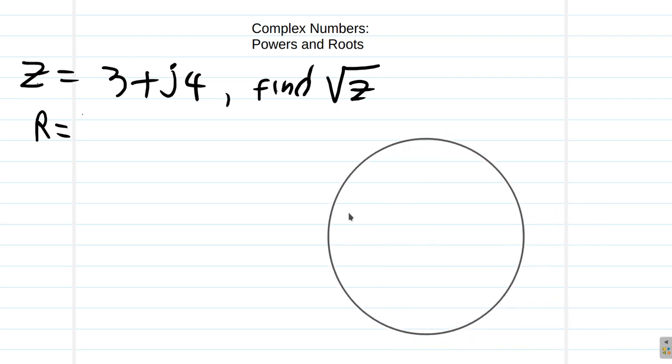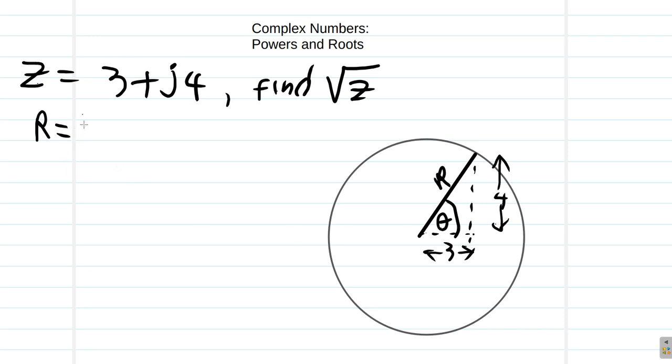Good. So here, what we have is this Argand diagram representing the complex number. You have theta, you have r. Remember, this width is 3 and this height is 4.